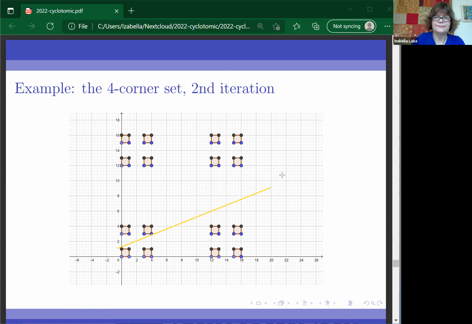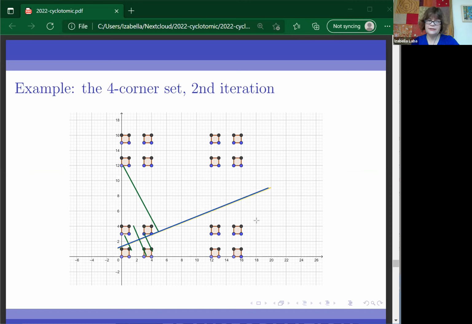So if I take a projection in that direction, then what I'm going to be getting is that the projections of the different squares actually meet each other like this. And so the set is actually going to project to a full line segment from here up to whatever the other endpoint is going to be.